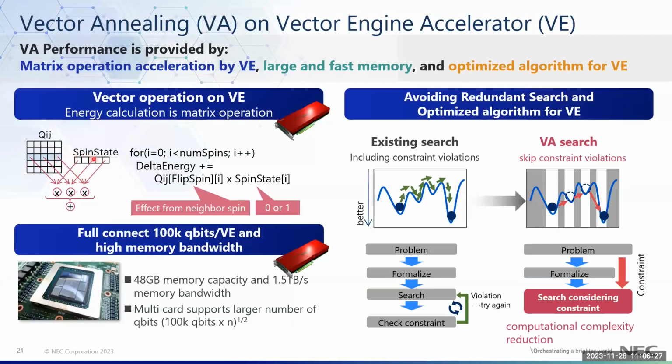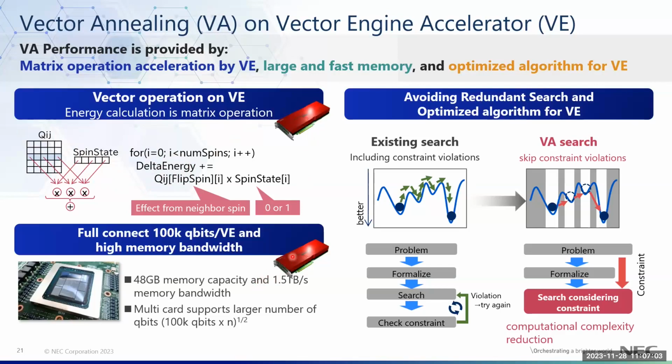So if you're performing a matrix vector product, HPC solutions will end up providing good performance to these kinds of computes, because that's what we see in various other HPC codes. The fact that vector annealing, simulated annealing, is also a form of matrix vector product helps provide high performance to these matrix operations. So that's where the vectorization aspect of the vector engine helps.